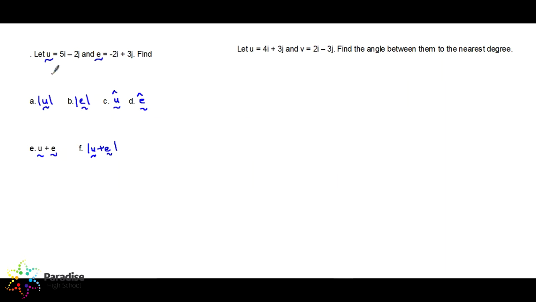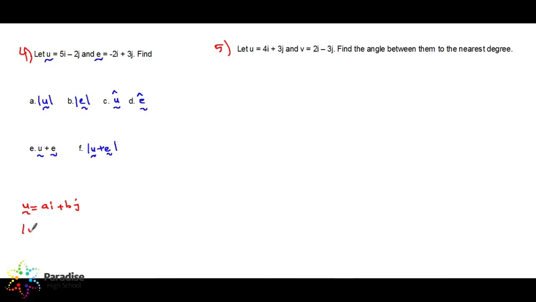In this question here, that's question number 4 and this is question number 5. In this question here, the vectors U and E are given. And the first question is, find the magnitude of U. What is magnitude? Let's write the formula first. Magnitude of a vector, say vector U is ai plus bj.